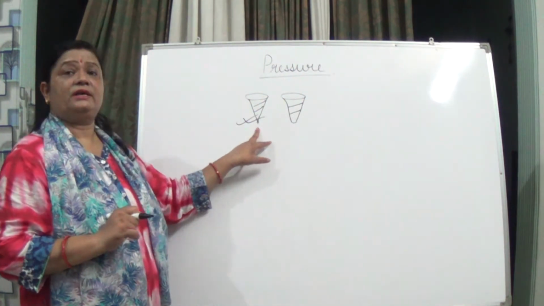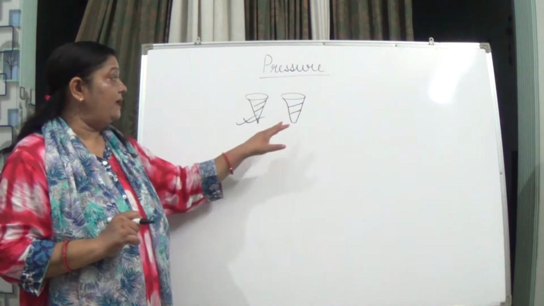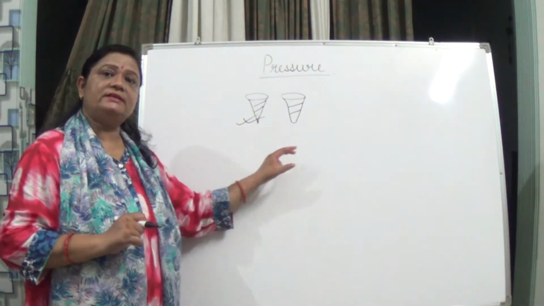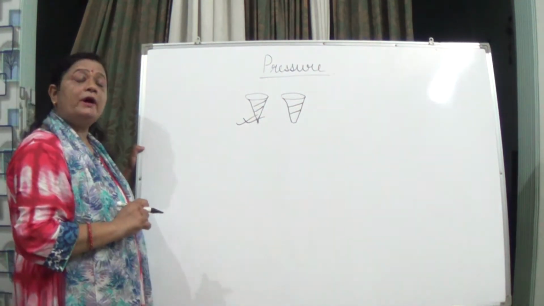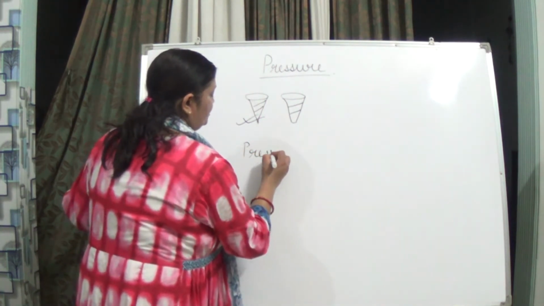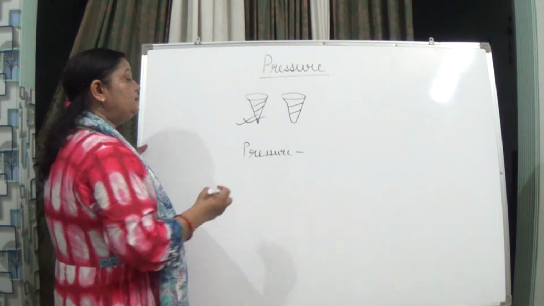This is because the pressure over here is more and the pressure over here is less. So what is this pressure? Pressure is force per unit area.